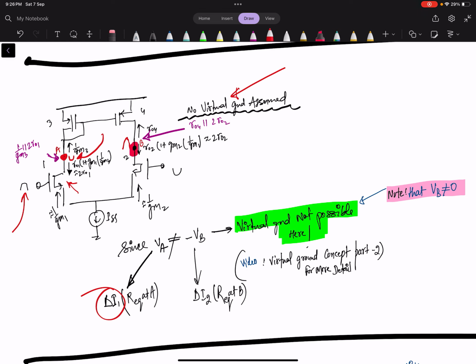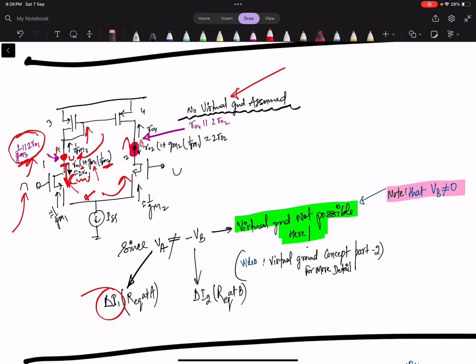The equivalent resistance here is 1 by GM3, and the resistance seen from here downward, if we don't assume the virtual ground, will be R01 (1 plus GM1 multiplied by 1 by GM2), which is approximately 2 R01. The equivalent resistance is 1 by GM3 parallel 2 times R01, and we can say the equivalent resistance is 1 by GM, because 2 R0 is very high.